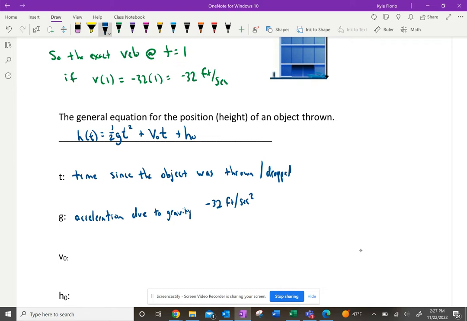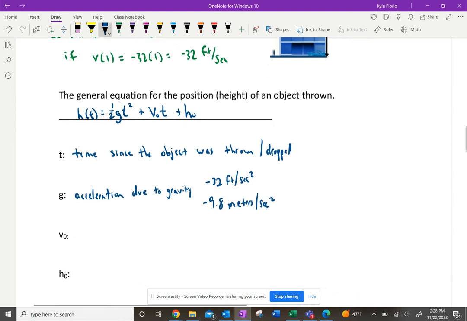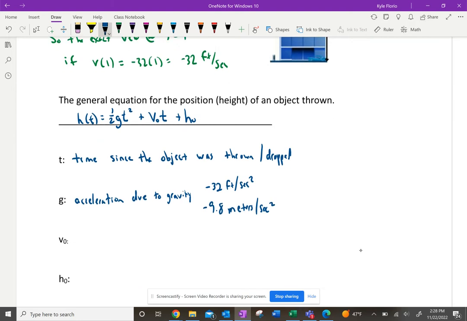So if you're in feet, that's what we're going to use. If we're in meters, then it's going to be negative 9.8 meters per second squared. So depending on the problem, just look if it says feet or meters. If it's feet, g is negative 32. If it's meters, it's negative 9.8.